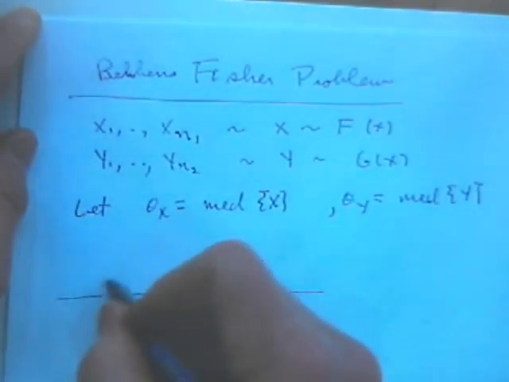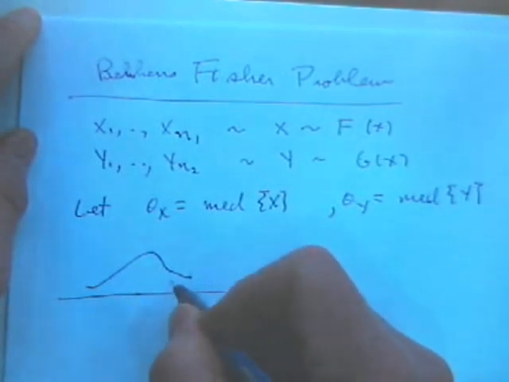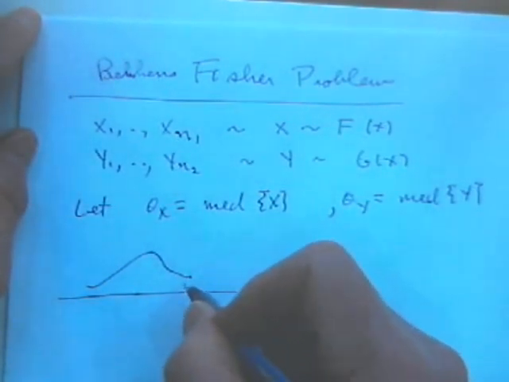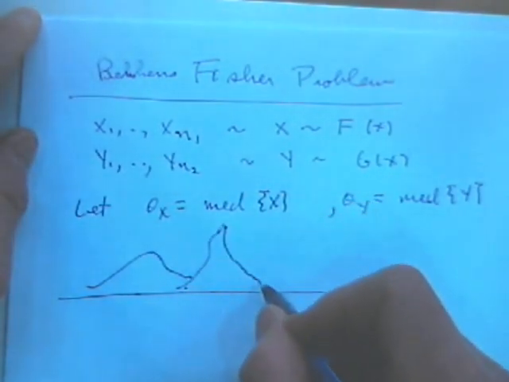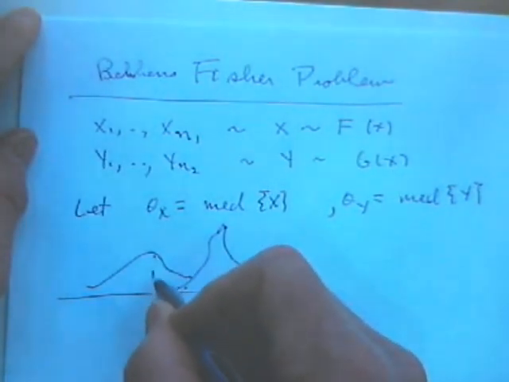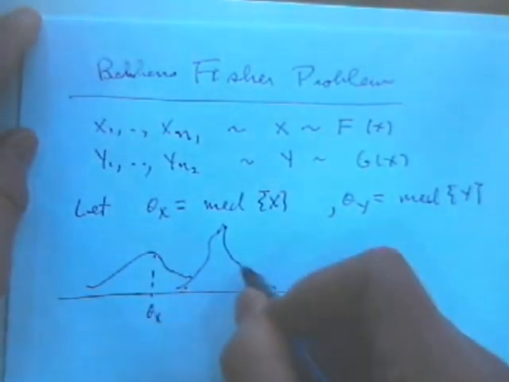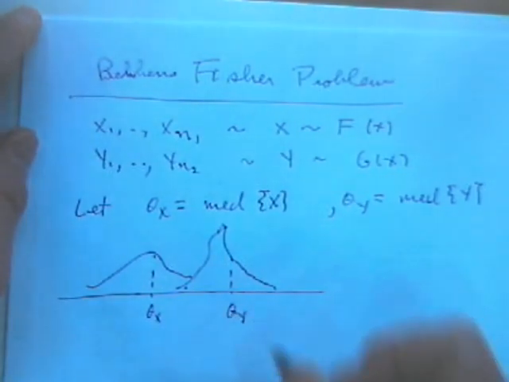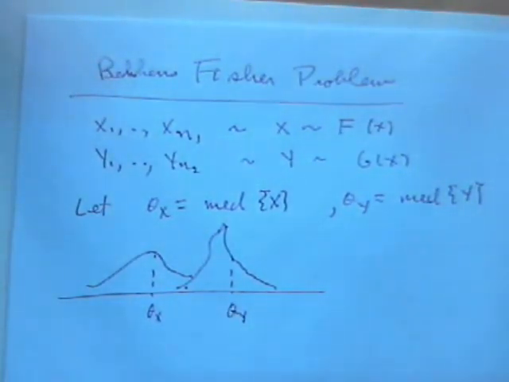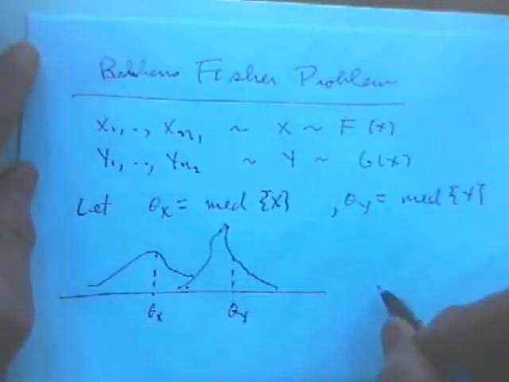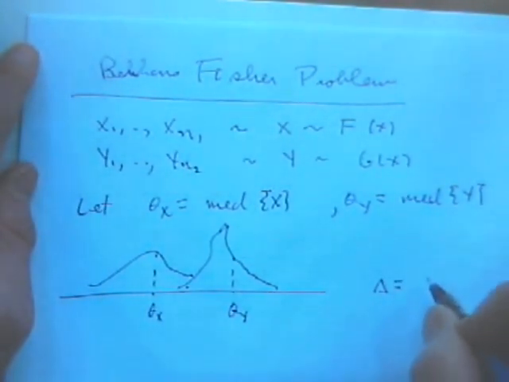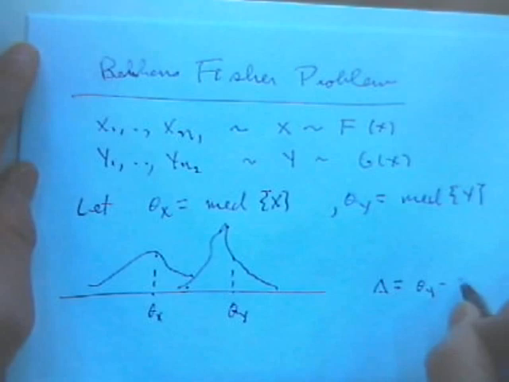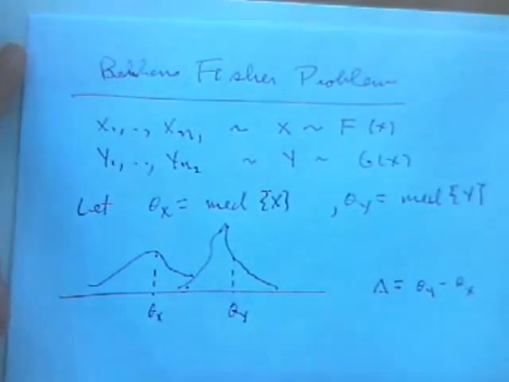So this would be the population, right? You have two distributions. Something like that. And again, you're looking at those medians. So again, like the shift would be the parameter of interest. Although in this case, we're not going to get a point estimate.